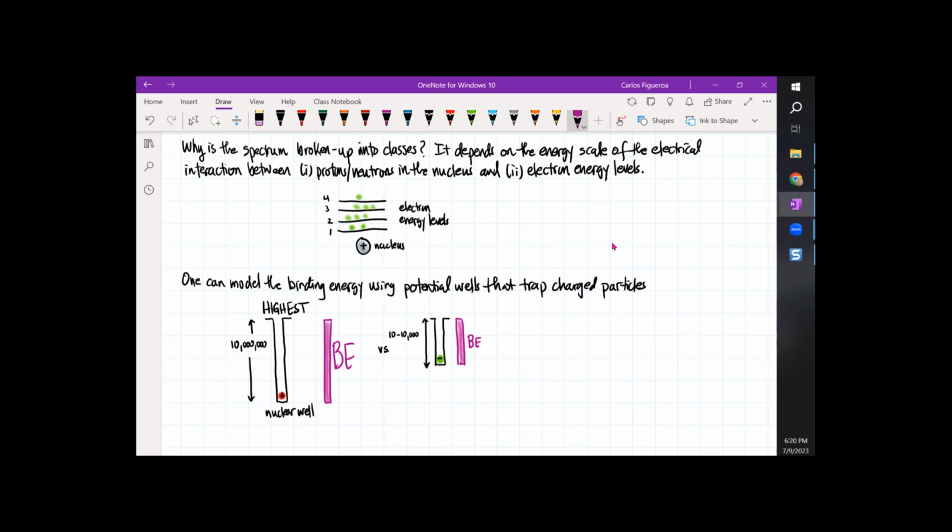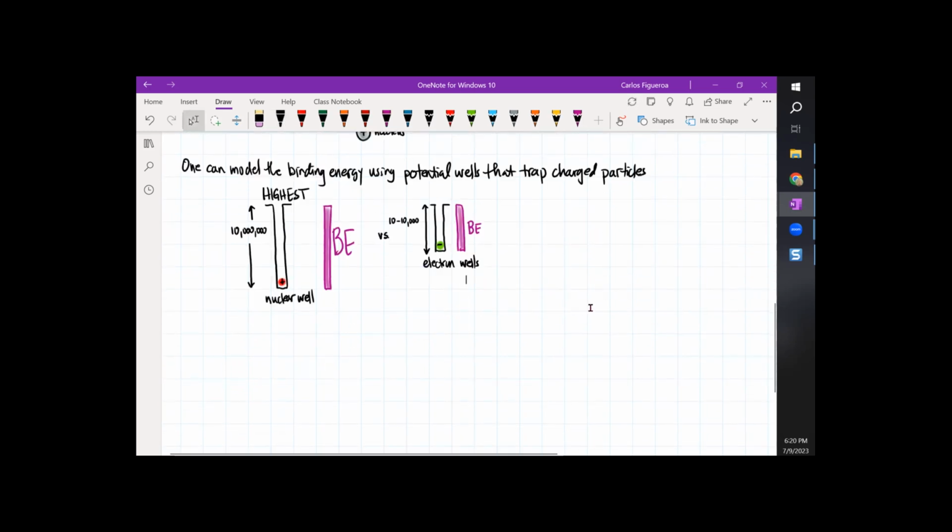So here's what we find. These are electron wells. And so here we go. The deepest wells, okay, we could then say this here. Maybe I should write this instead of just saying it all the time.